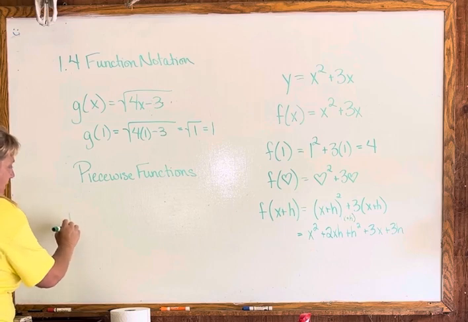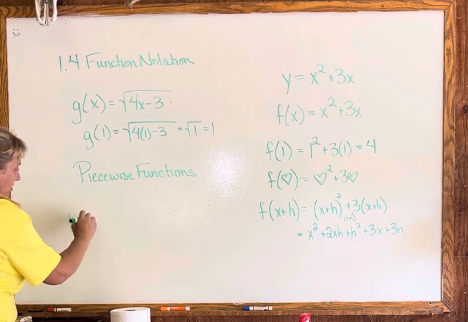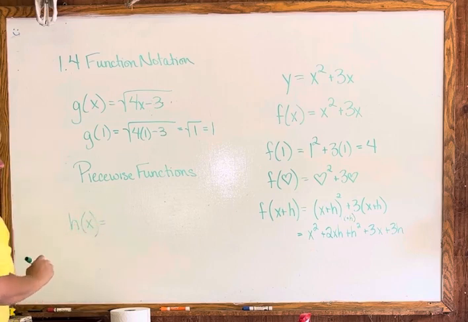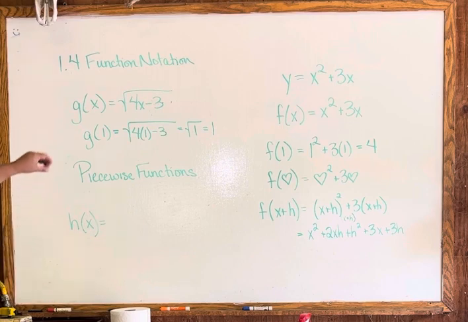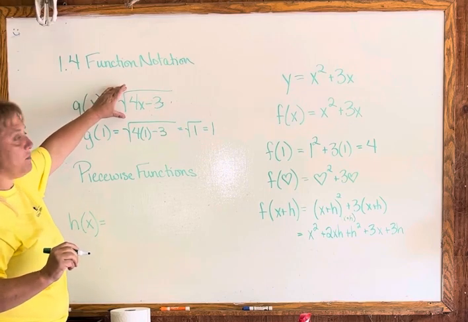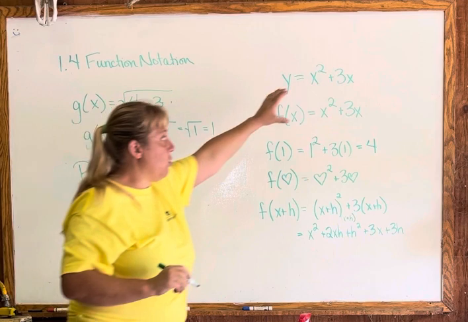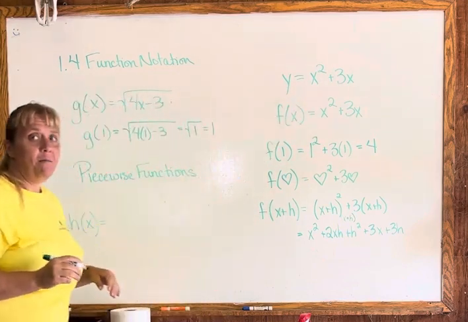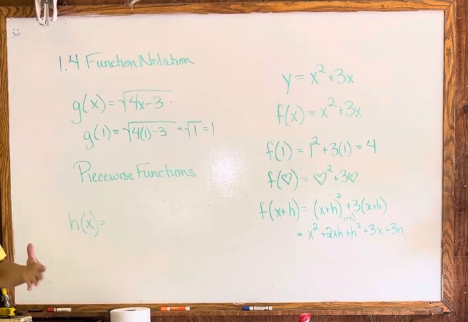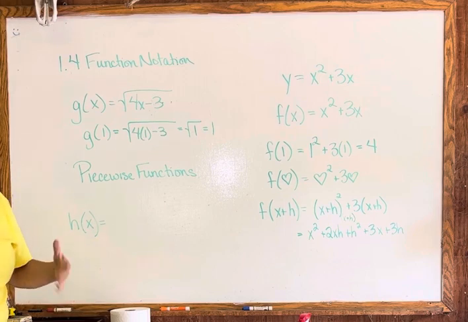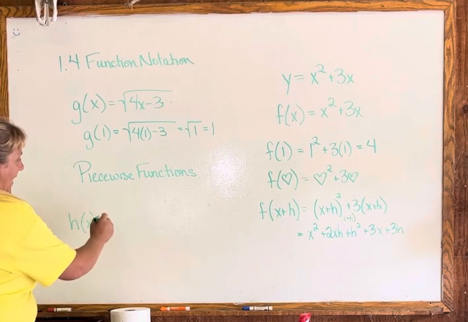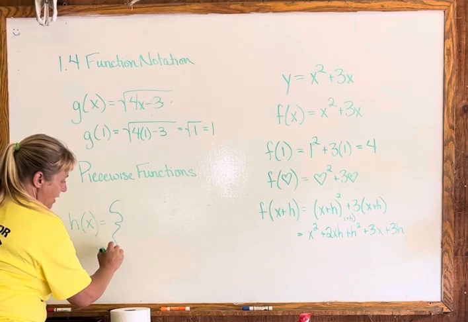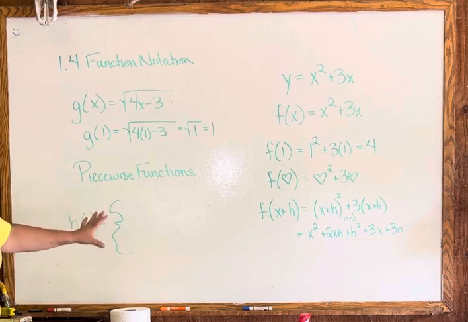So let's say I'm going to call it h of x, just for the heck of it. Let's say that h of x is not just one particular equation, but let's say that it's made up of 2 parts. And this can happen. It can be made up of 2 parts, 3 parts, a lot of different parts. So when we see something like that, it's going to give you this squiggly bracket.